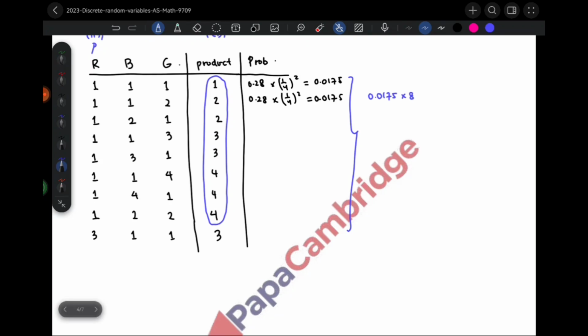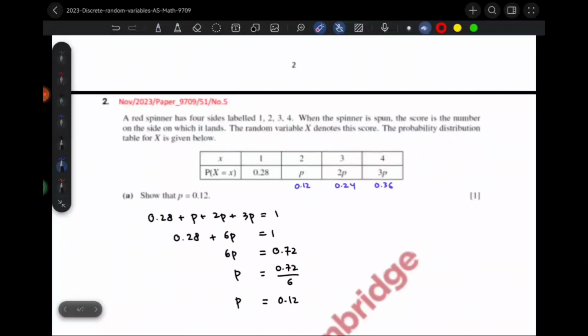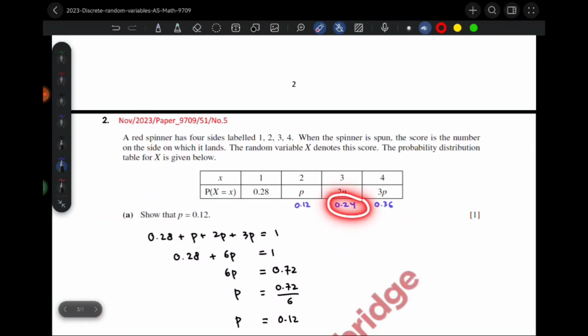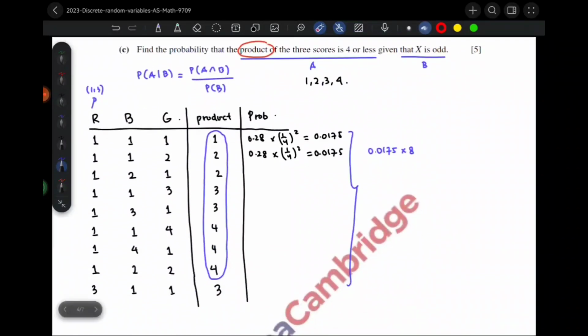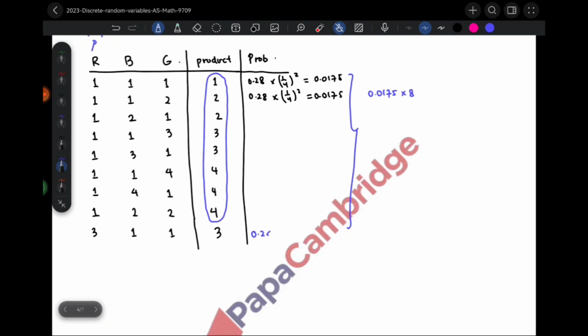And the difference is only for the last one. We have the probability of getting 3. You can see in the table it is 0.24. So the probability is 0.24 times (1/4) squared, which equals 0.015, and I'm going to add it to this number.